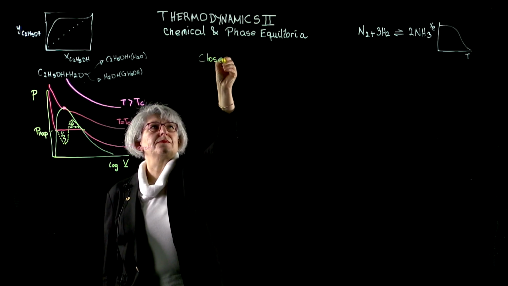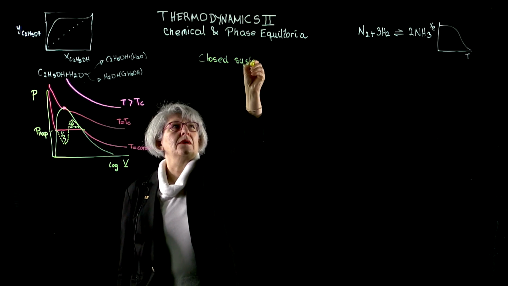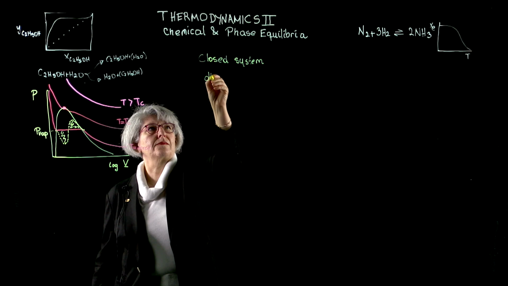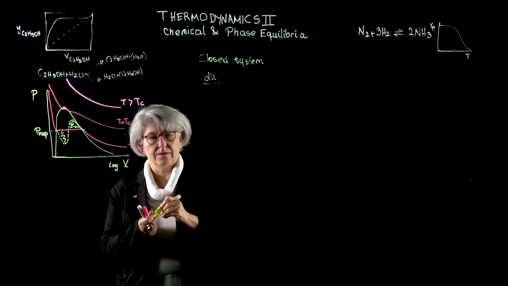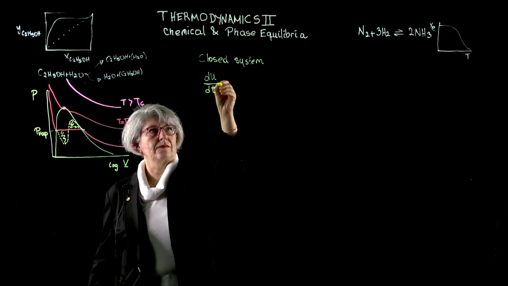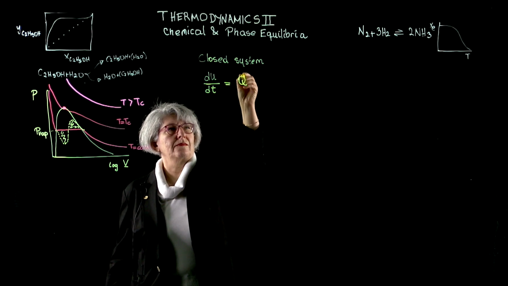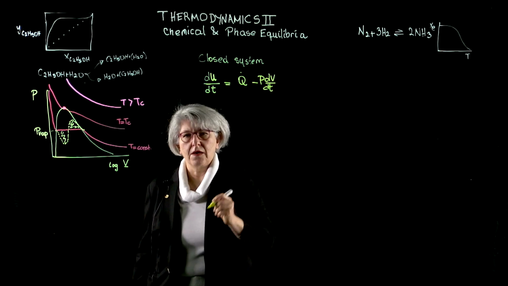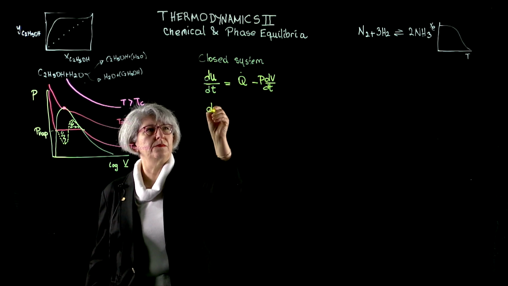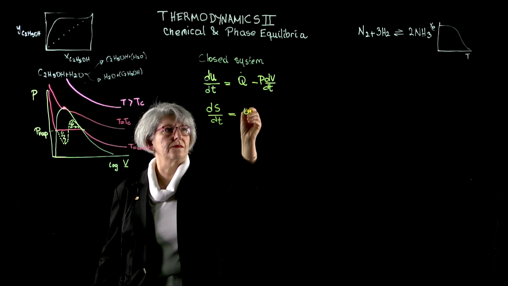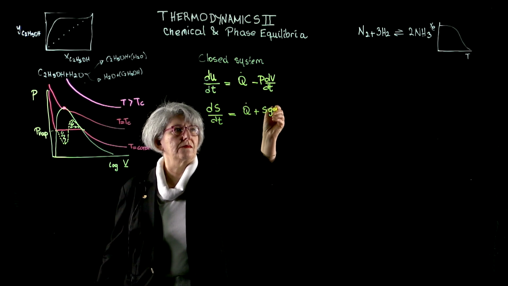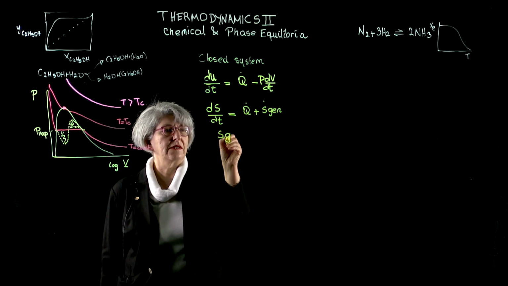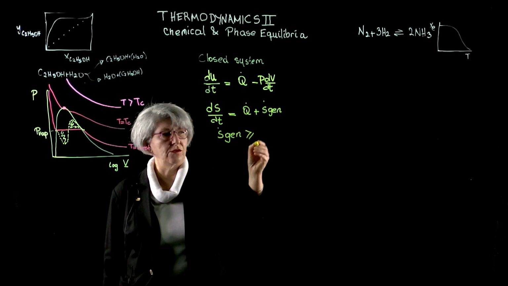For a closed system, the first law simplifies to and the second law corresponding to this closed system, this is the entropy balance, and the second law statement is that entropy generation is always greater than or equal to 0.